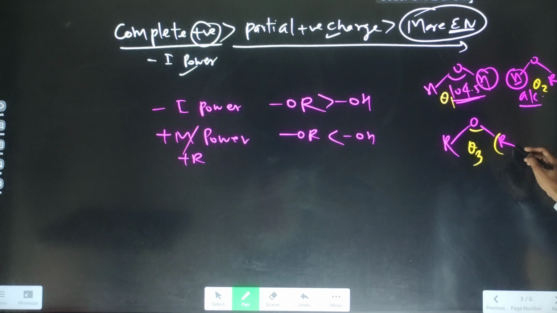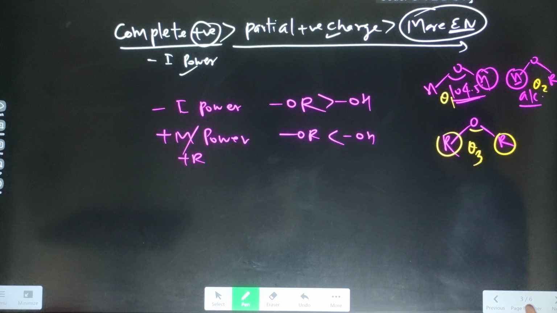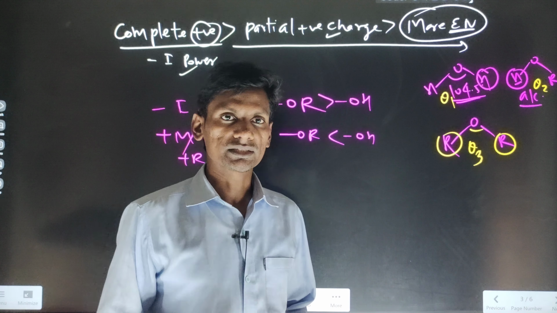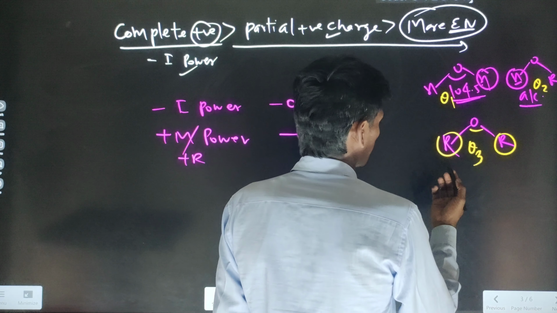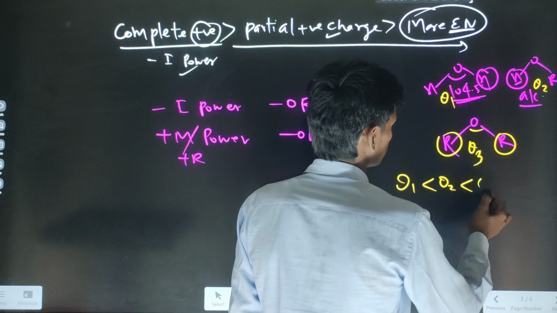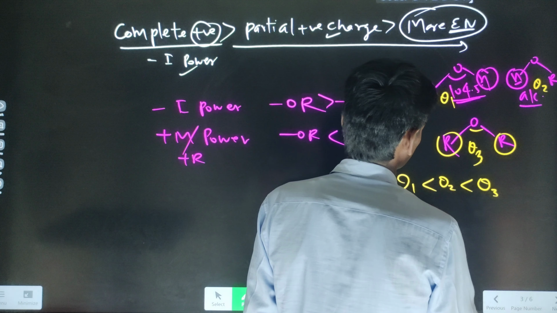We know that as steric hindrance increases, the bulky groups repel each other more, that's why bond angle also increases, and we can say that theta 1 is less than theta 2 and theta 2 is also less than theta 3.